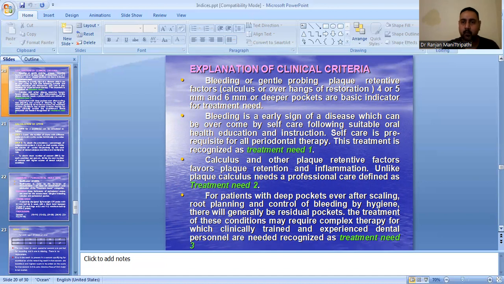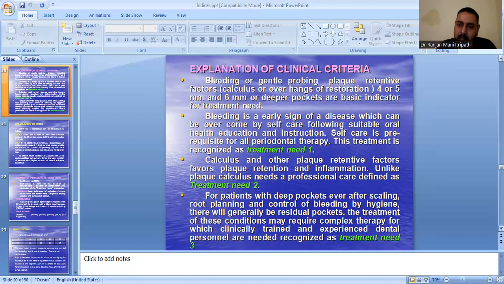Bleeding on gentle probing, plaque retentive factors, calculus or overhangs of restoration. 4 to 5 mm and 6 mm or deeper pockets are basic indicators for treatment need. Bleeding is an early sign of disease which can be overcome by self-care, following suitable oral health education and instructions. Self-care is a prerequisite for all periodontal therapy. This treatment is recognized as treatment need 1.